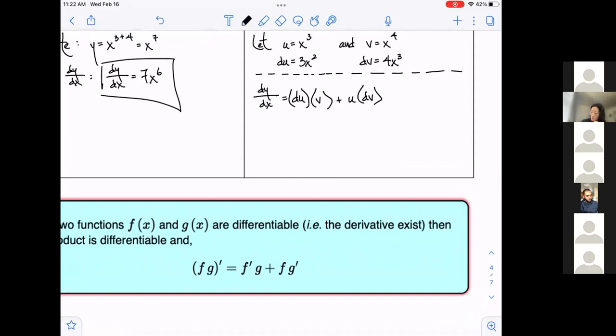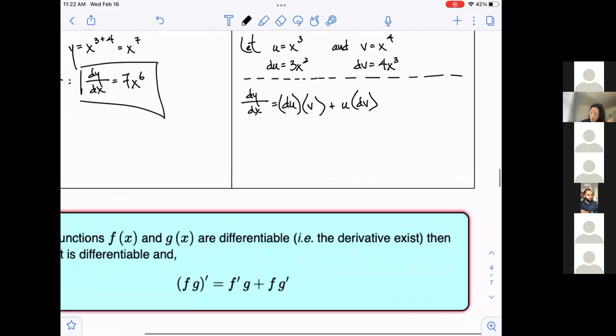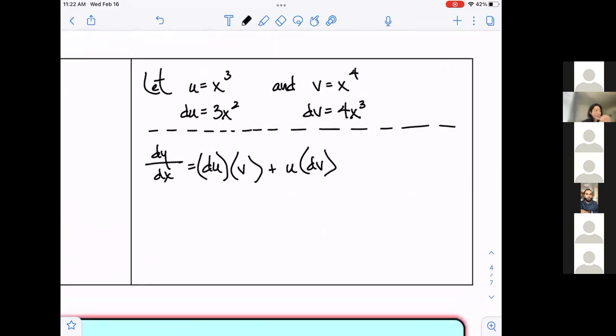So all we've done is sort of match letters with what we have here. And now we get to plug in all the things that we set up. So instead of du, we have 3x squared. Instead of v, we have x to the fourth. Plus, instead of u, we have x cubed. Instead of dv, we have 4x cubed.